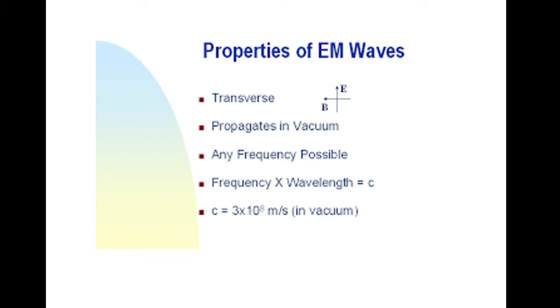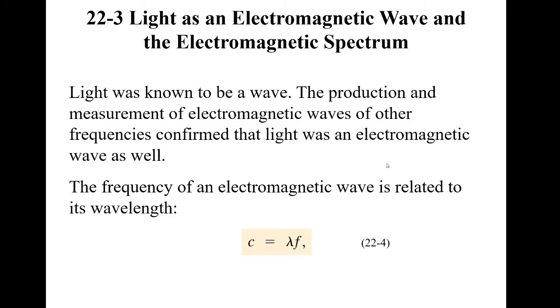That's because they travel by essentially moving particles in the atmosphere. So sound waves cannot travel in a vacuum. Electromagnetic waves can, okay? And we can have any frequency, and so the frequency and wavelength of an electromagnetic wave multiplied is equal to the speed of light.